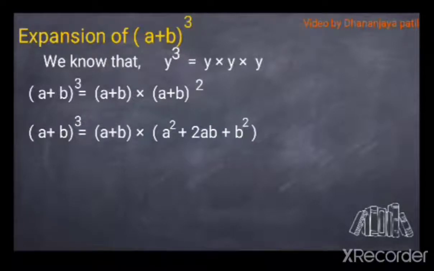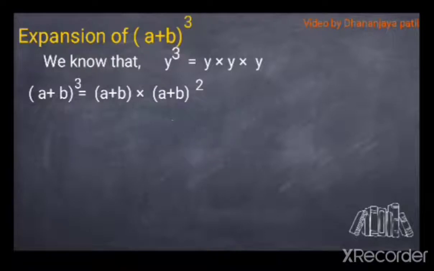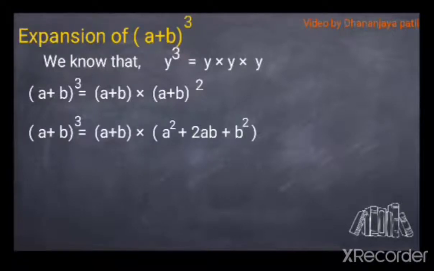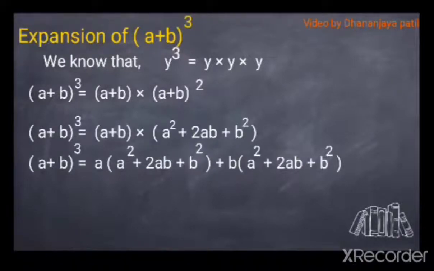Now here the multiplication is of a binomial with a trinomial. So let's first multiply the first term of the binomial with this trinomial and then the second term again with this trinomial. So we will get this term. First multiplication: a with a square gives a cube.